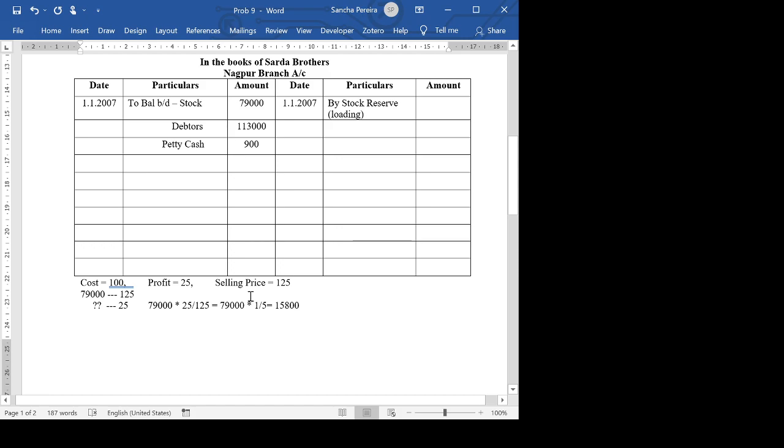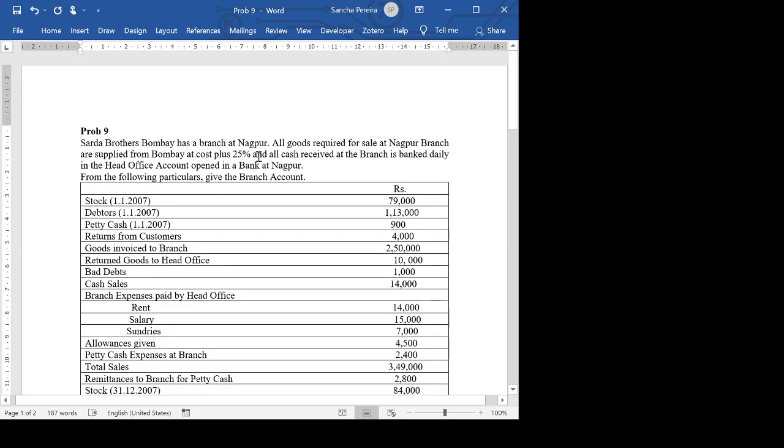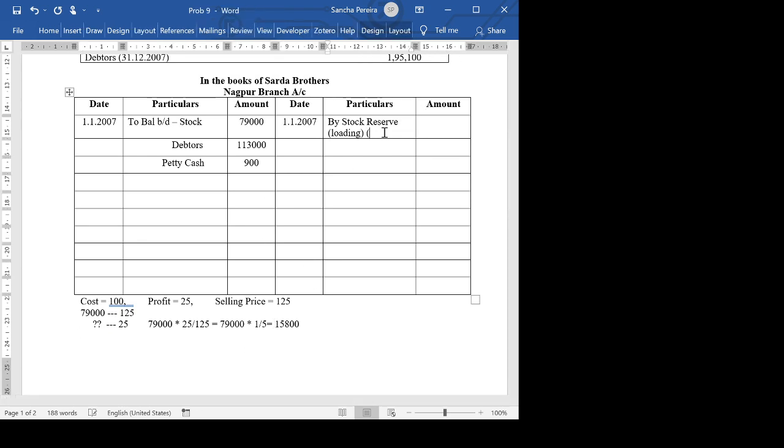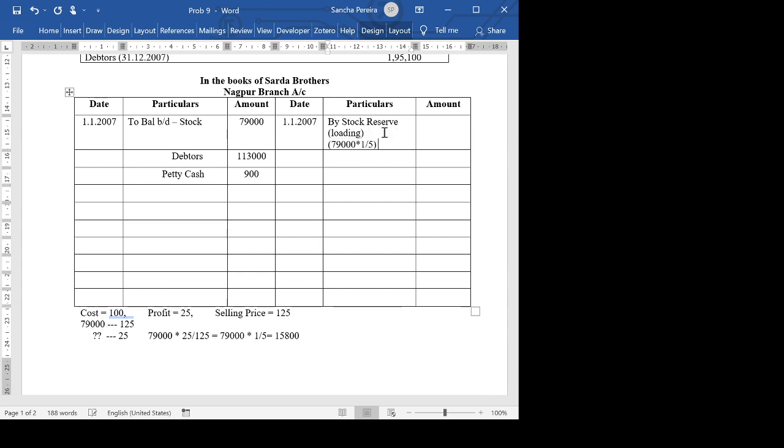So in every problem, if you want to avoid this calculation, you just have to check what it's given as. If it's given as one fourth on cost, it becomes one fifth. If it's given as one fifth, it becomes one sixth. It's as simple as that. So 79,000 into 1 by 5 is 15,800.